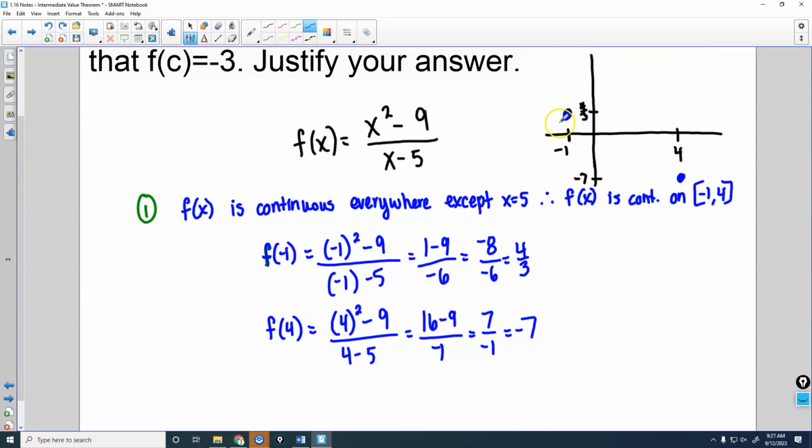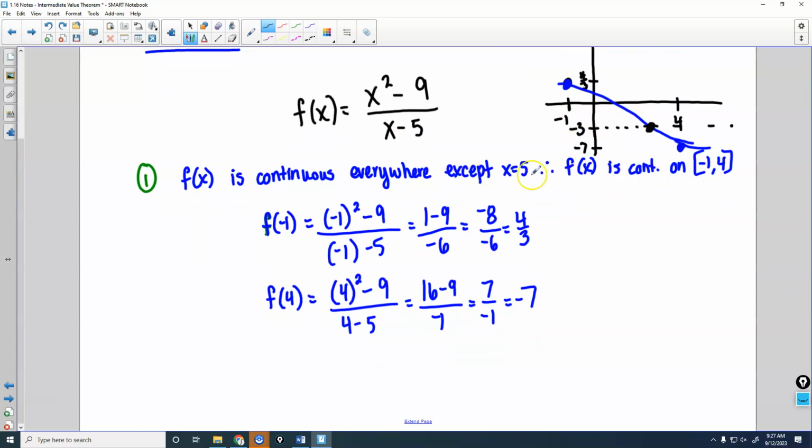I also know it's continuous, so it's got to do something where it goes through those 2 points, right? What value are they wanting us to prove we pass? -3. That's f of c equals -3. -3 is right here between our 4/3 and our -7. So there's got to be some place in the graph I've drawn, it's right here, where we cross that -3 line, right?